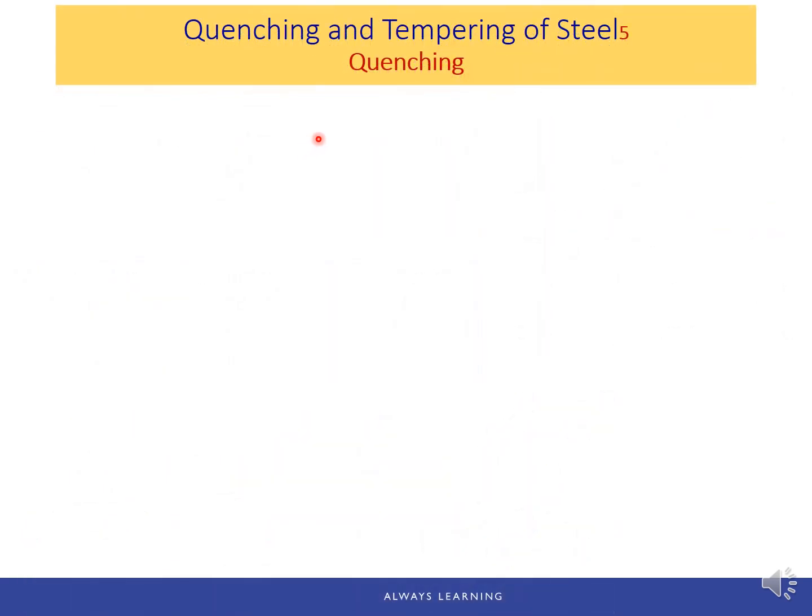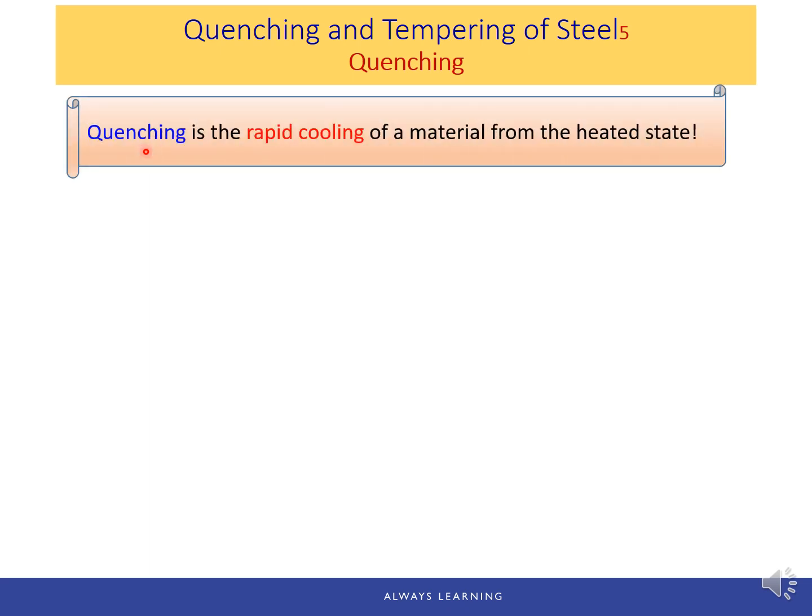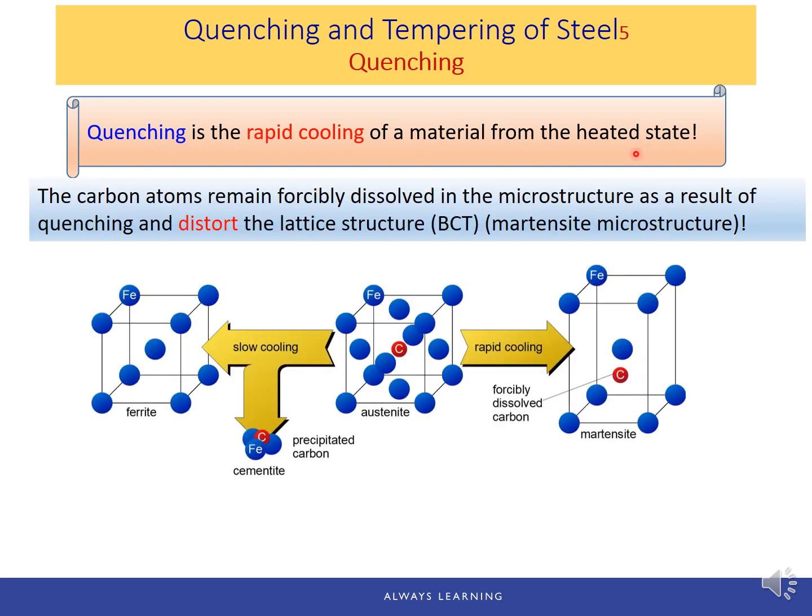If the austenized steel is not cooled slowly but quickly, the dissolved carbon no longer has enough time to diffuse out of the austenite lattice. Such rapid cooling is called quenching. Quenching is the rapid cooling of a material from the heated state. So during quenching, the carbon remains forcibly dissolved in the forming ferrite lattice despite the transformation of the lattice.